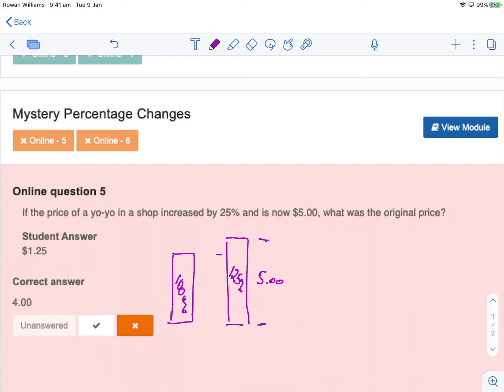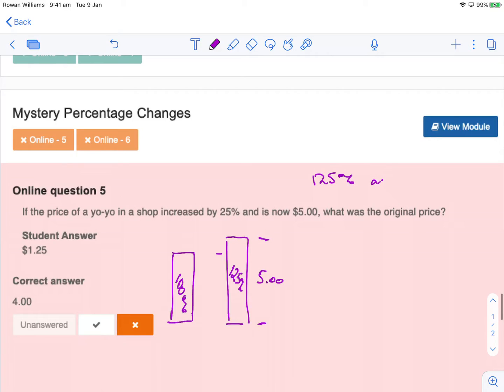And the trick that we do to work this out is we can write 125% equals 1.25. All right? And then I'm going to say, I've got my starting amount times by something, or 125% of my starting amount is going to equal $5.